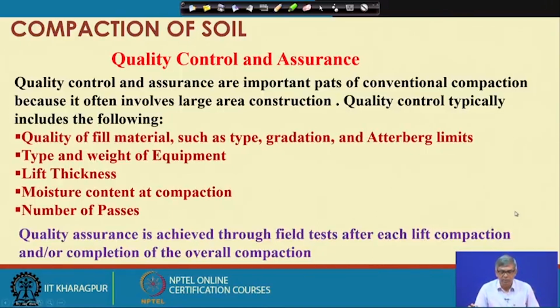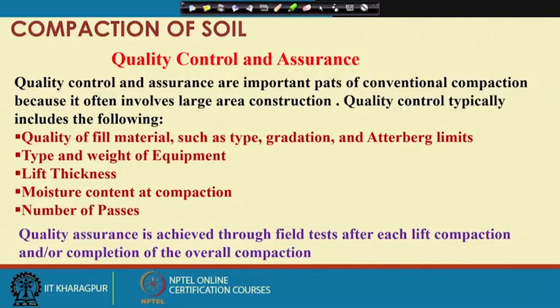And this quality control and assurance is very important, because compaction work is mostly done this way. First of all, if a road is to be constructed, the road alignment will be fixed, then the dimensions will be fixed, and then a nearby borrow pit will be fixed.